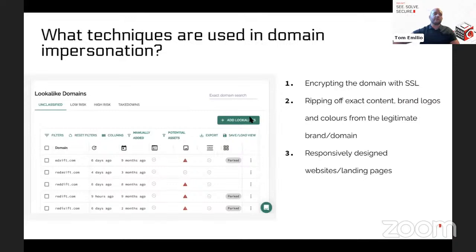So let's talk a little bit more about the techniques in regards to domain impersonation, right? We talked about the different TLDs and typos, but what happens once a domain is registered? One thing that's really common these days is seeing SSL or HTTPS deployed on a website, landing page, or microsite, right?